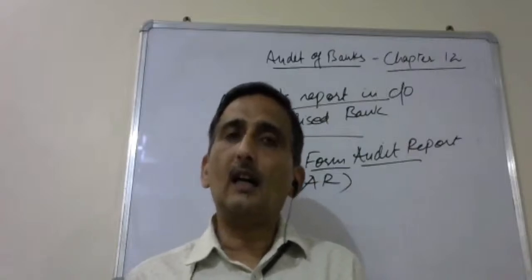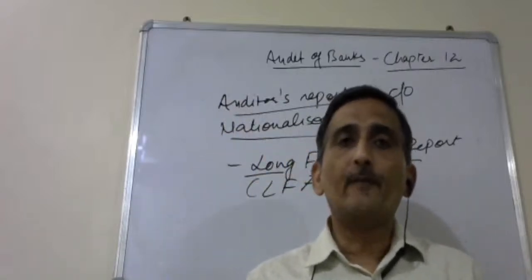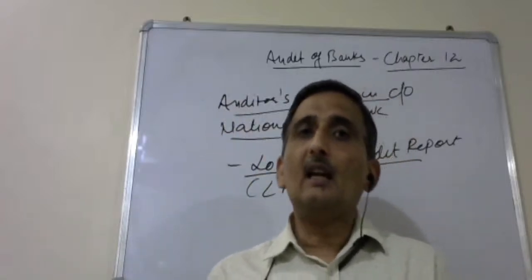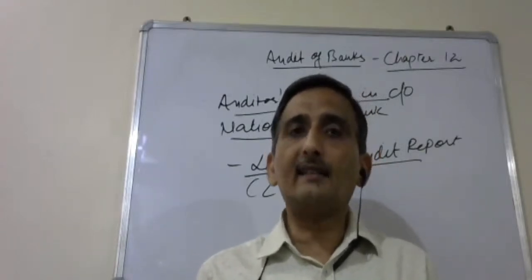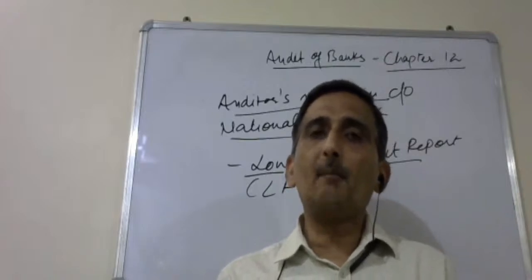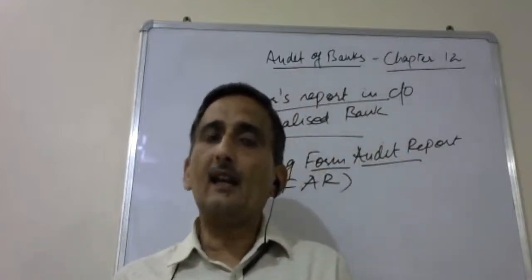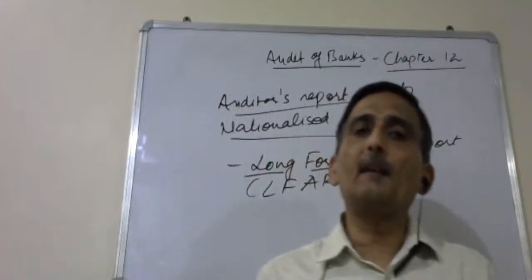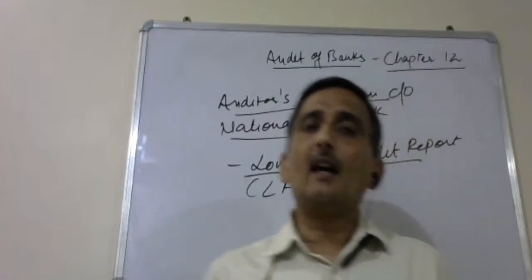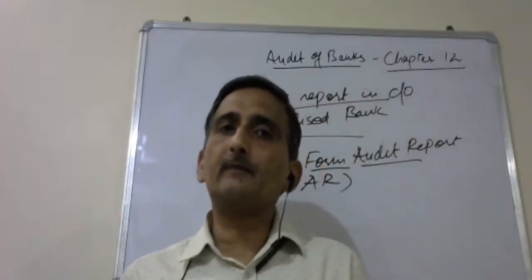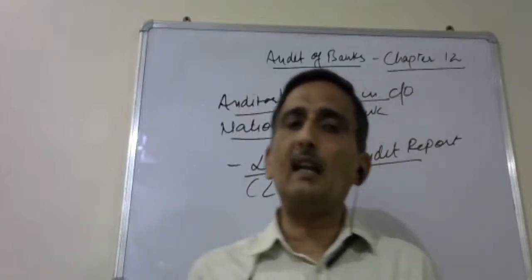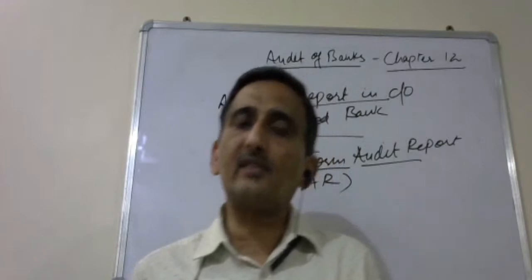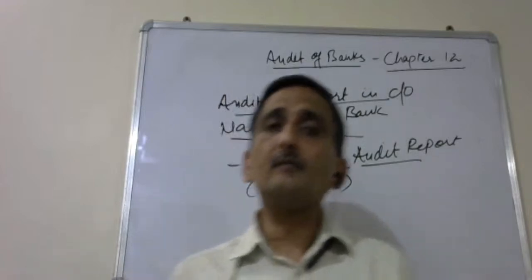So the auditor has to keep this in mind, assess the risk of material misstatement and design his audit procedures accordingly, keeping in view the accounting system of the bank and the kind of internal control system operating in the bank.